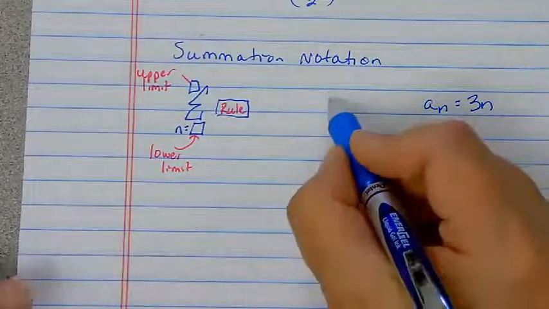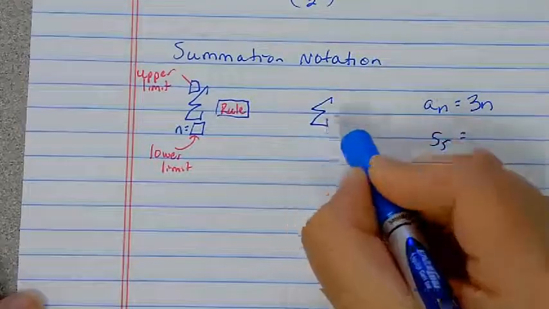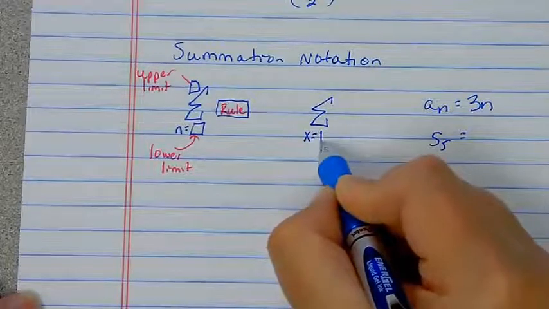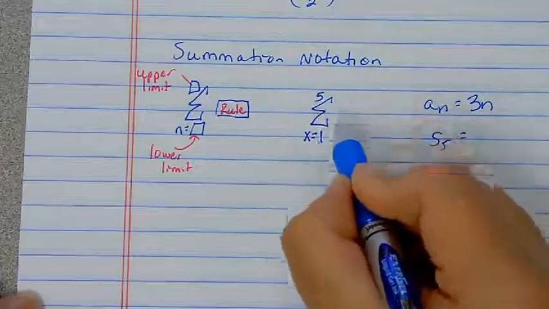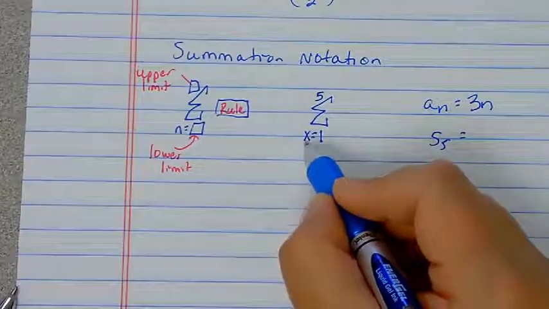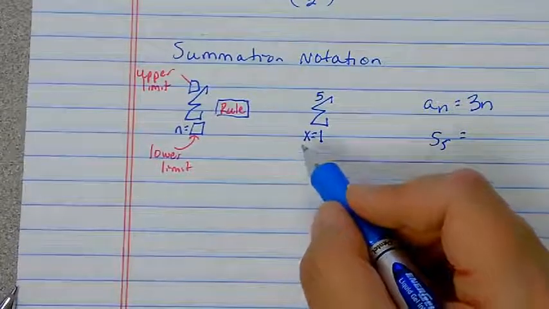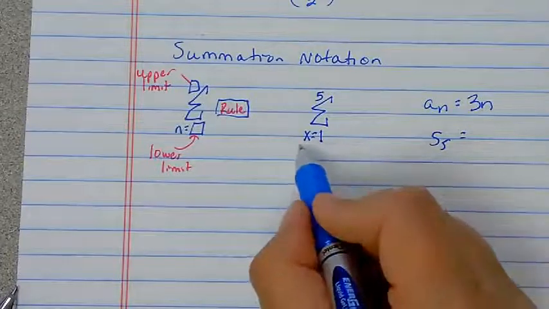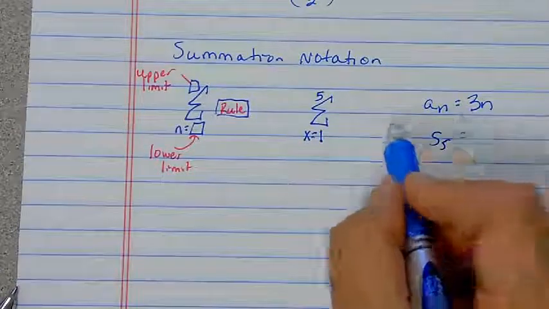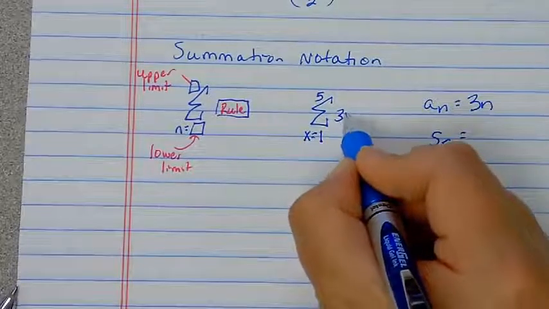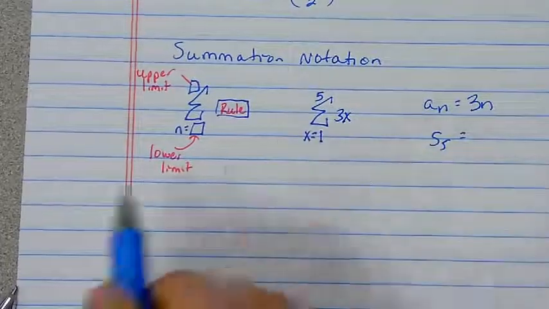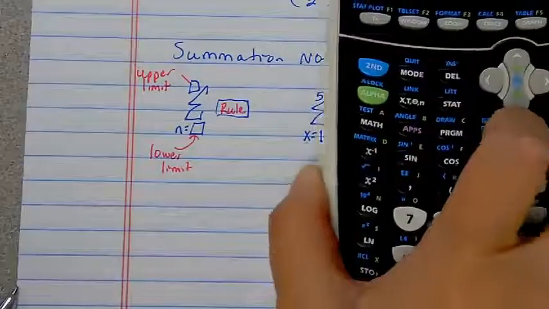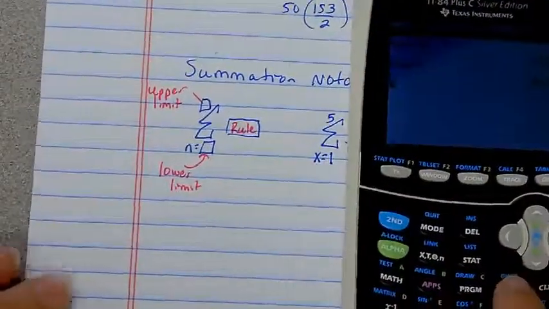When I put this in my calculator, I'm going to have the sum from term 1 to term 5, and I could use an n here, but since the calculator is already in a mode of using x for the input value, that's what we're going to use. So I'm going to change this n to an x. Let me show you how to find it on your calculator.